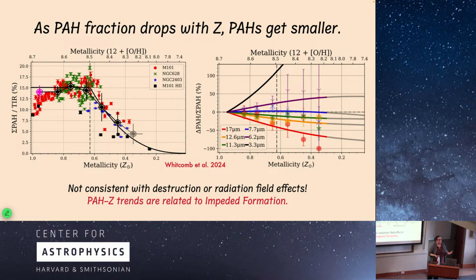So what this is saying, as we get to the lowest metallicities, the PAHs are the smallest, which tends to favor this idea of impeded formation rather than enhanced destruction. So I think this will be a really interesting thing to test spectroscopically with JWST and go to larger samples of galaxies in more low metallicity environments to see if this trend holds up.